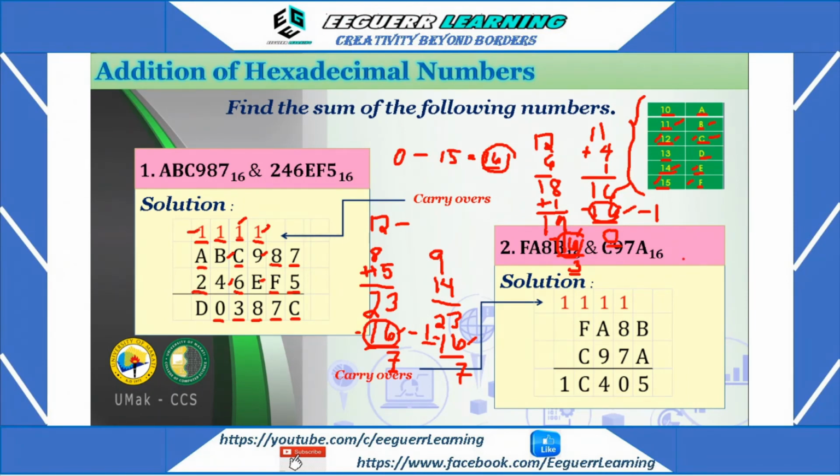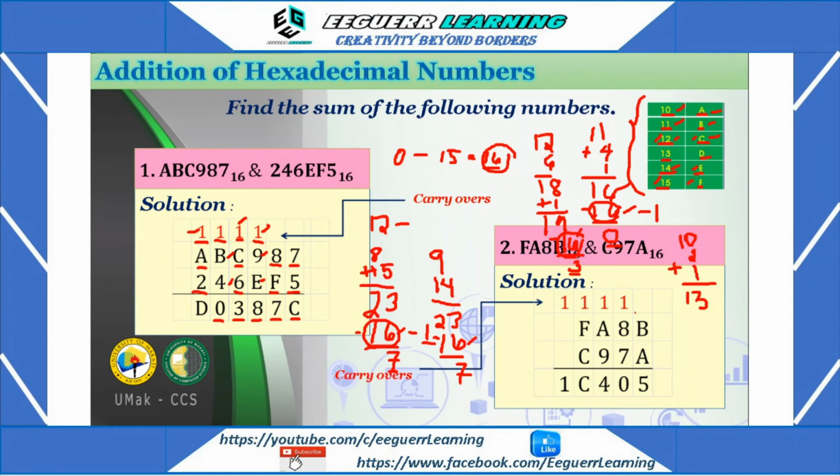So A is 10 here. So we add 10 plus 2 plus the carry 1. Okay, so we have 13 here.